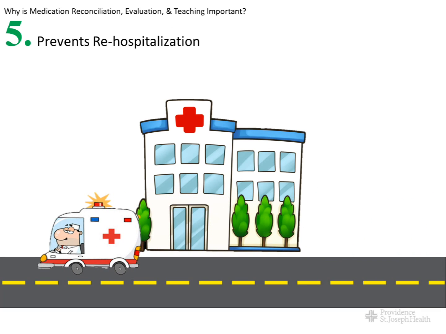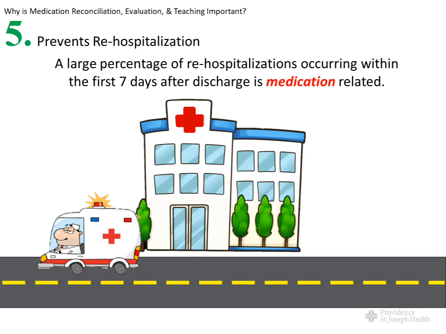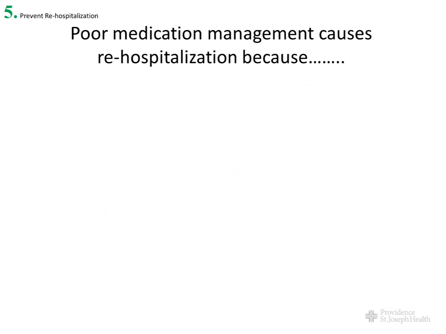Reason number 5. Close monitoring of medications helps prevent rehospitalization. A large percentage of rehospitalizations occurring within the first 7 days after discharge is medication-related. Poor medication management causes rehospitalization because patients keep expired medications.